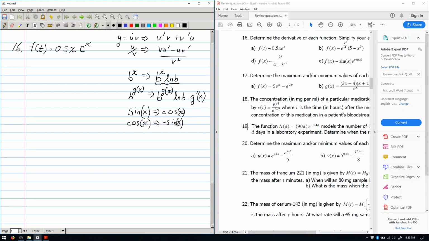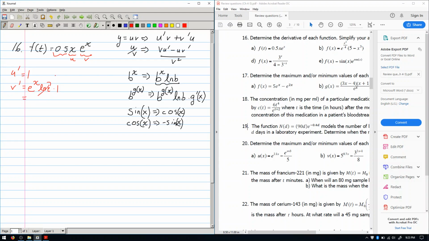So in this case, I've got a constant out in front. I can kind of leave that alone. And I'm going to call this guy u, and I'm going to call this guy v. Well, u prime is just going to be 1, and v prime is going to be e to the x ln e times 1, which is the derivative of x, which you don't really need.